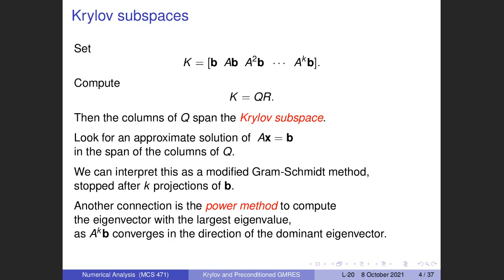So in some sense, we can see this as another modification of the Gram-Schmidt method, where now we give up after k steps, so we stop it. But another connection that we're going to explore now is the connection with the eigenvectors and the eigenvalues.